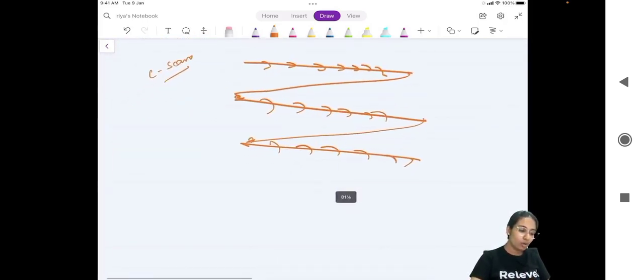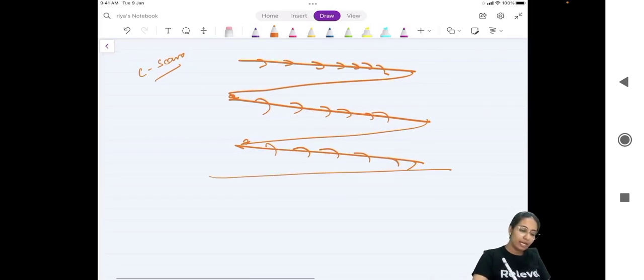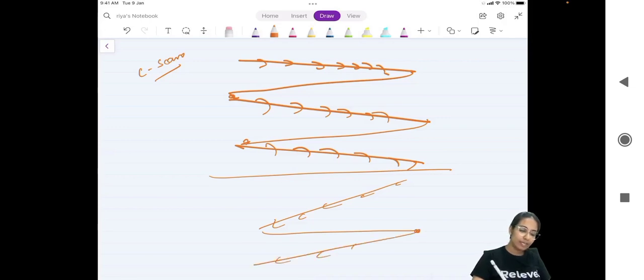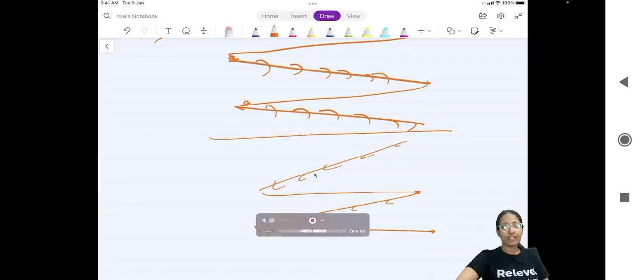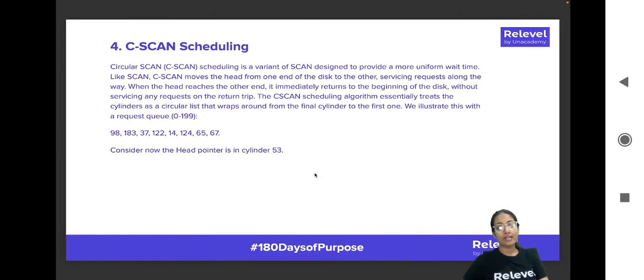Or it could also be like, let's say here it starts this way and comes back again without processing any request, and then goes to the other end while processing requests and comes back again. So that is the difference between a scan and a circular scan.